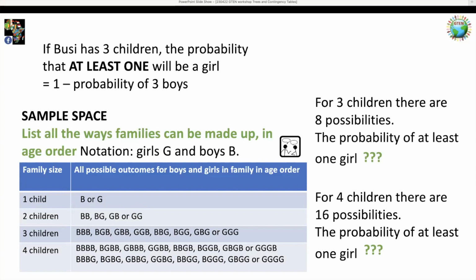because I did not want to write all of the 3 children possibilities another time.